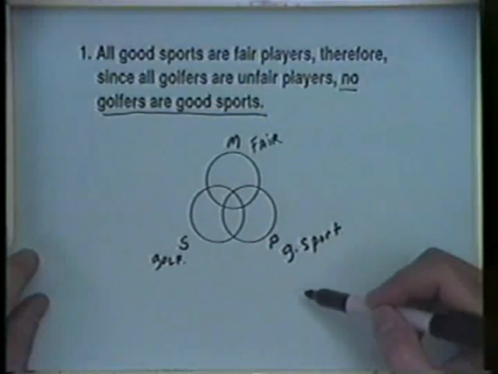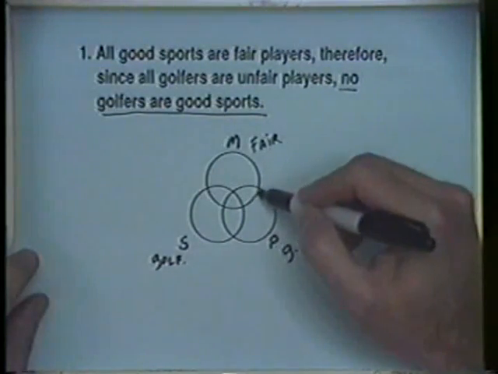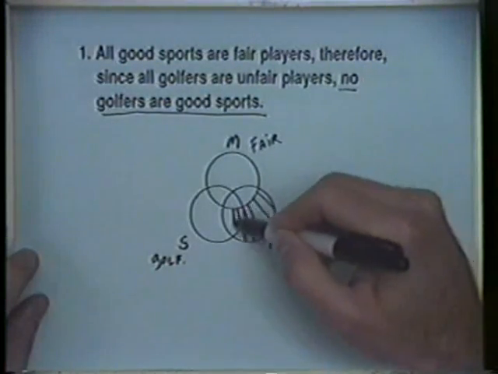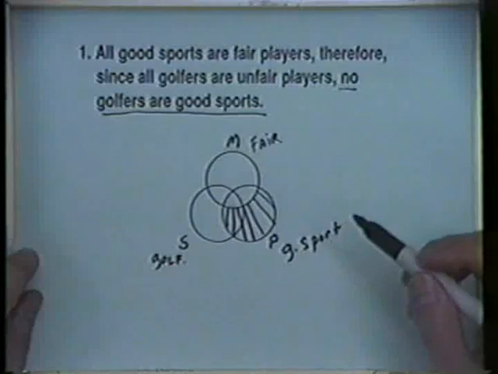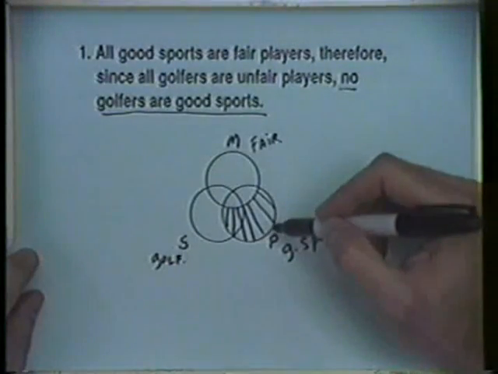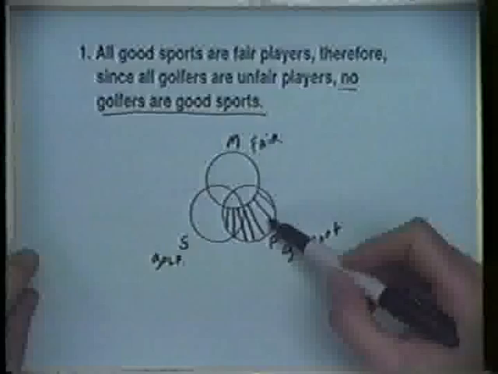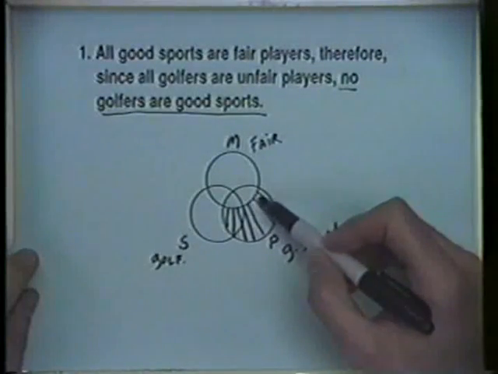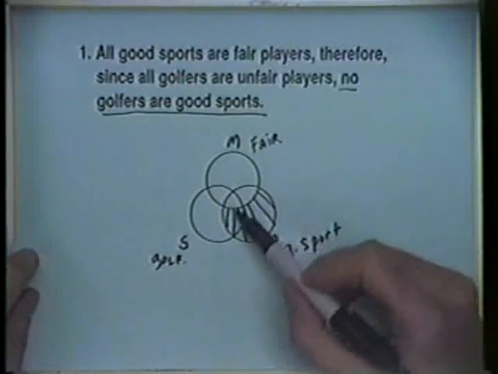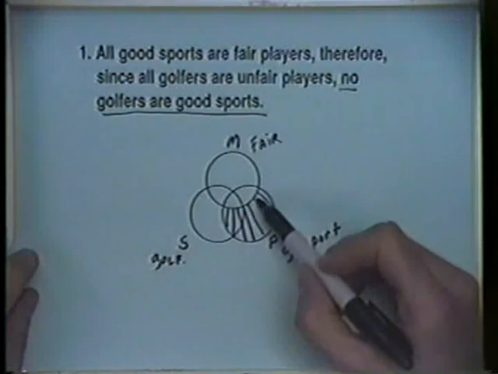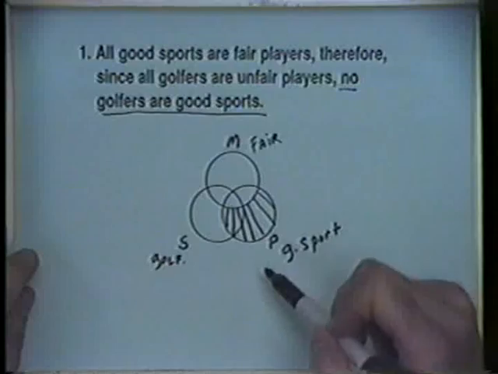That of course means that nothing is down on this section of the good sports circle, and so the lines here indicate areas that have been eliminated or shaded out. So again, all good sports are fair players is diagrammed by showing that the only open area of the good sport circle is the area that also intersects and is part of the fair player circle.